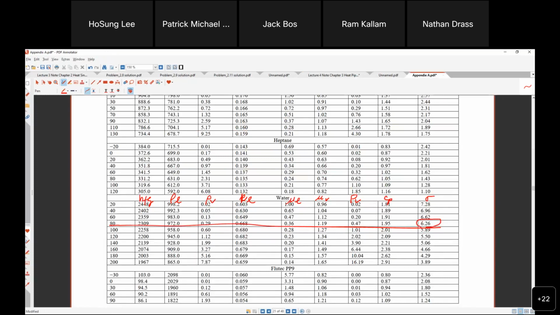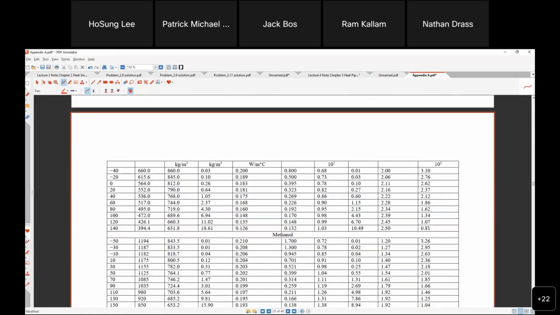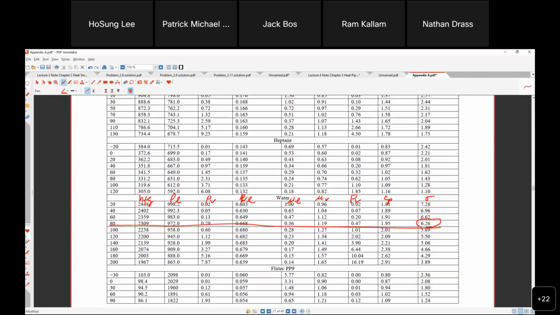What is this? Maybe the unit. Yes, this is different from the book.